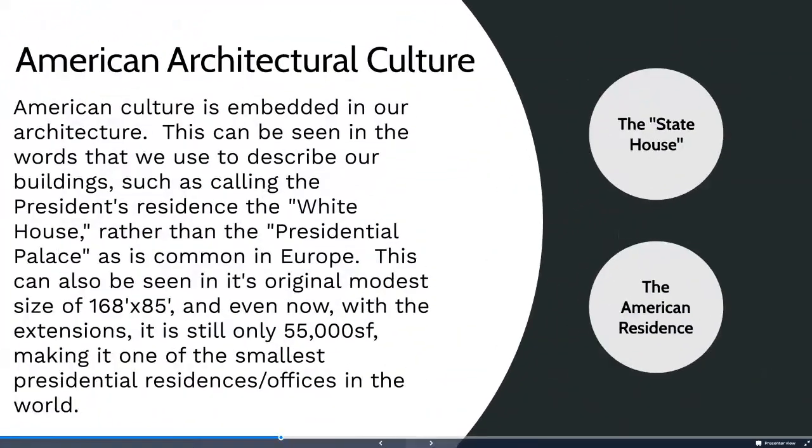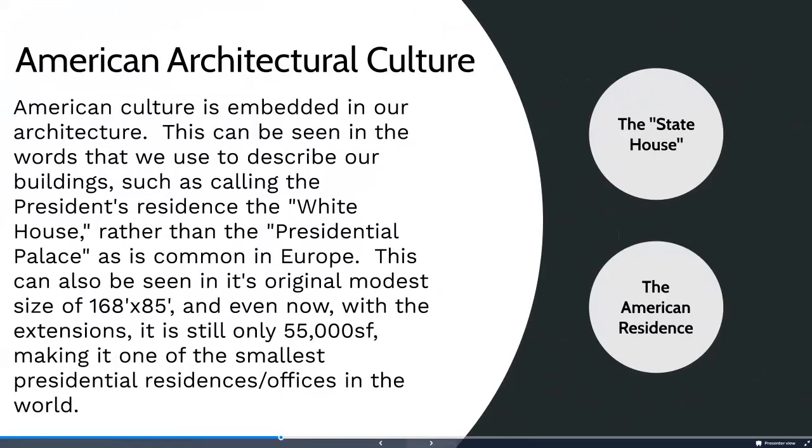So briefly, I want to talk about American architectural culture in general. As with most societies, American culture is embedded in our architecture. And this can even be seen in the words that we use to describe our buildings. We call the president's residence the White House, rather than the term that's common in Europe, the presidential palace.